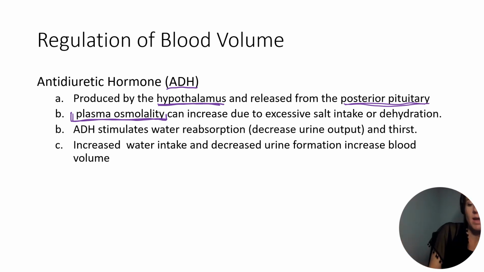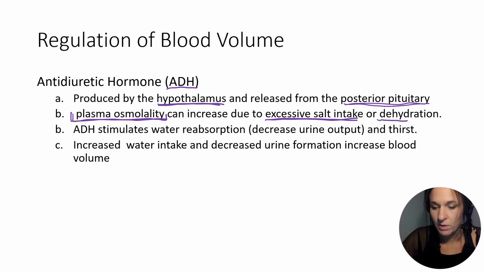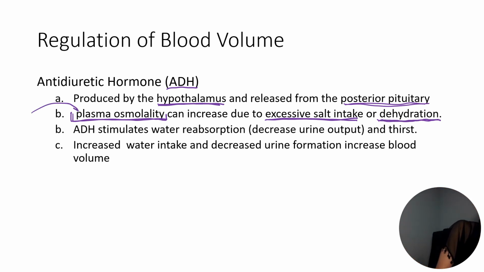Let's say that we have an excessive increase in dietary salt and we're not keeping up with how much water we should be drinking. So dehydration. That's going to lead to an increase in plasma osmolality, or blood osmolality.